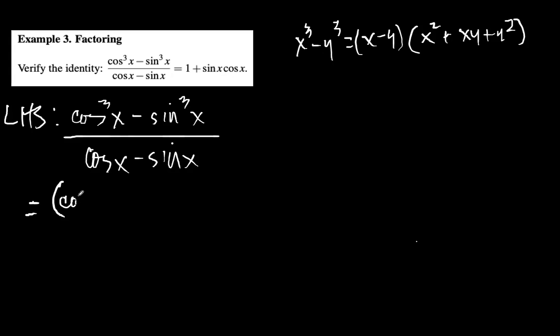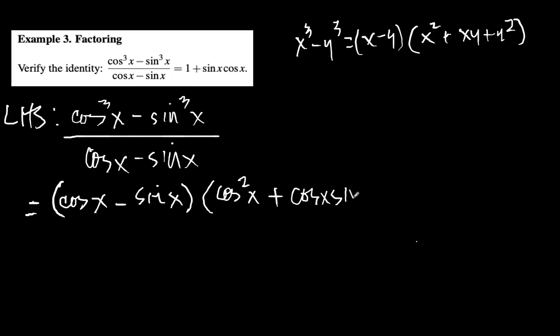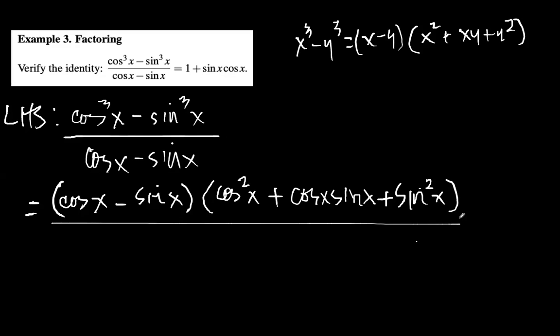So it will be cosine x minus sine x times cosine square x plus cosine x sine x plus sine square x.